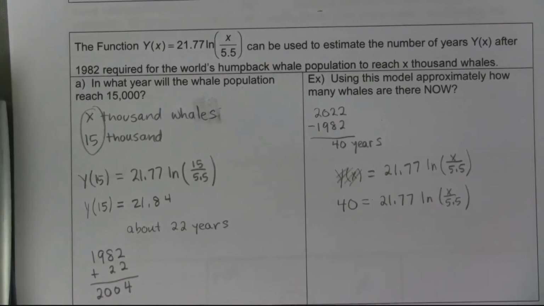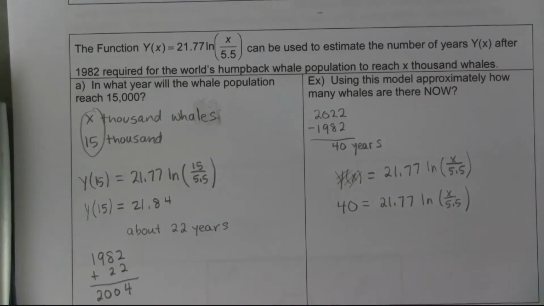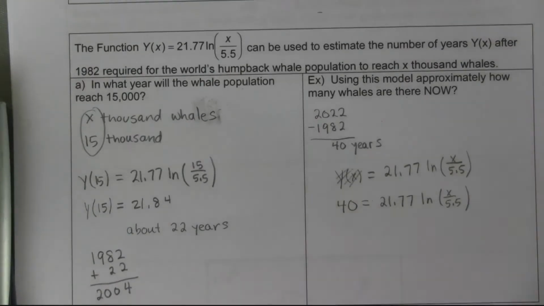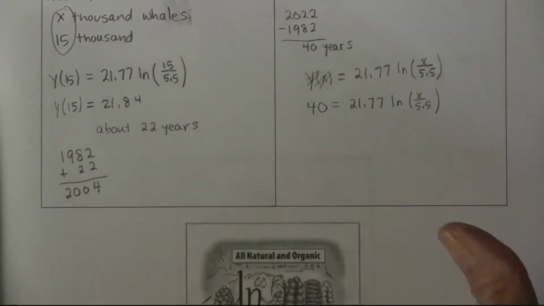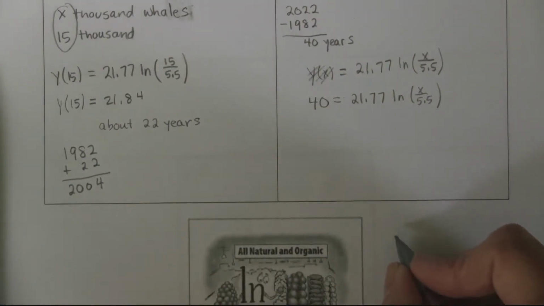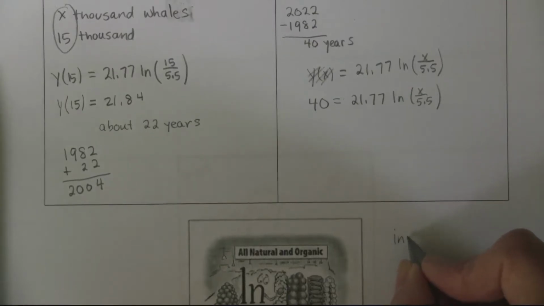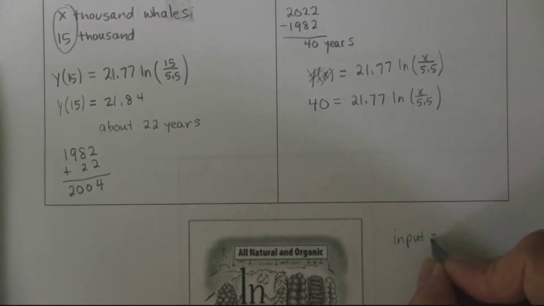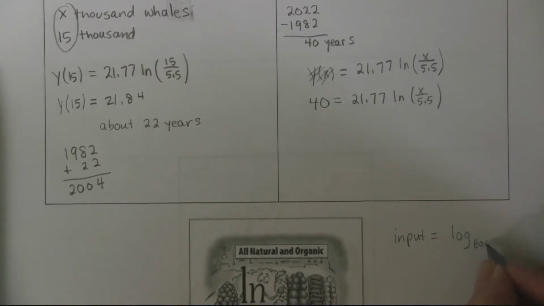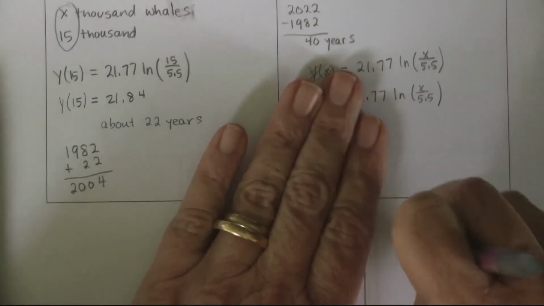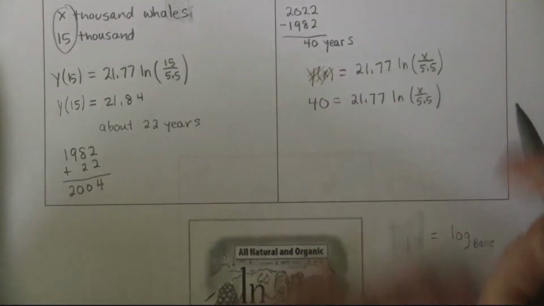Now, natural log is log base E, and we have too many numbers here. I want to show you that we have too many numbers, because what we know how to work with are things that look like this. You have the log, and the log has a base, and the exponent and the input. Sorry, it was called the exponent, not the input.